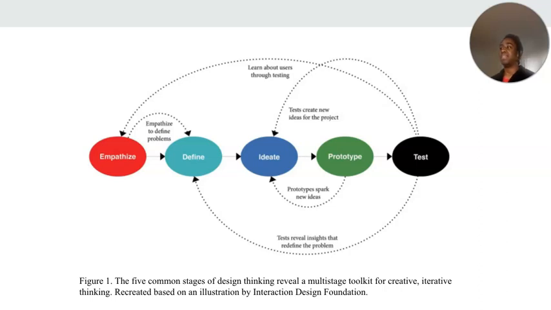So we would begin with the empathizing stage, and we define the problem, and then we create new ideas, as many as possible. And then we make prototypes and test them. Based on the information you get from the prototypes, you can create new ideas. Based on the information you get from the testing, you can go back to redefining the problem or making new prototypes again.